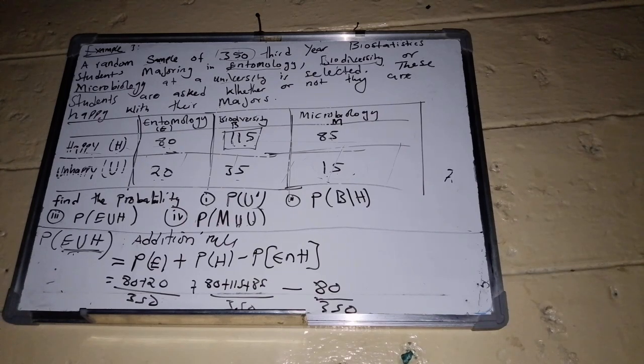We'll end here and look out for the next video, where we'll talk about Bayes' theorem, which is an extension of the conditional probability, more like adding some spices to the conditional probability rule. That's Bayes' theorem. Thank you.